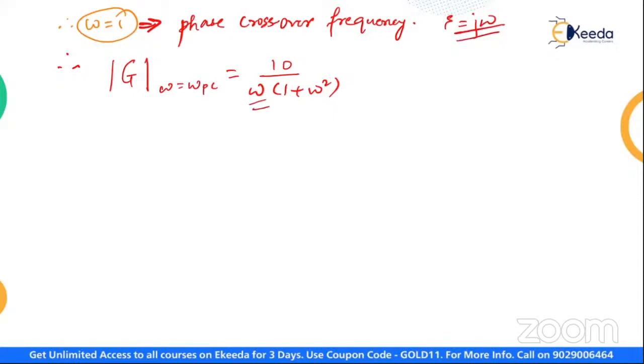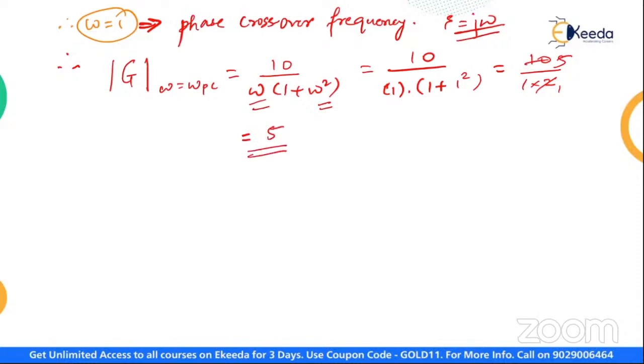If you replace omega equal to omega pc, it means 10 upon 1 into 1 plus 1 squared. What is that equal to? 10 upon 1 into 2. So 2 ones are 2, 2 fives are 10, and you get the answer to be equal to 5.